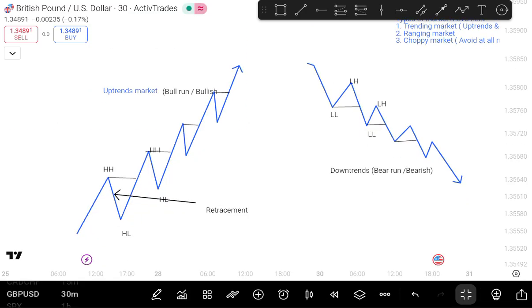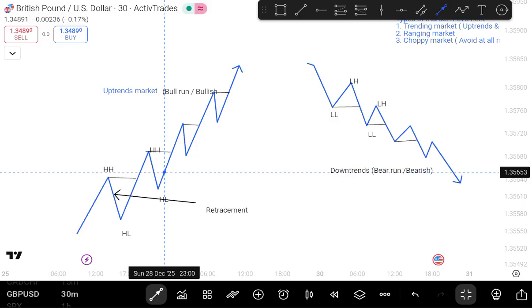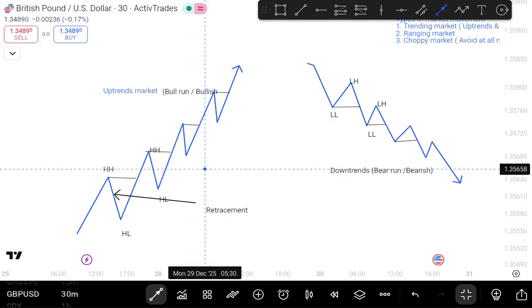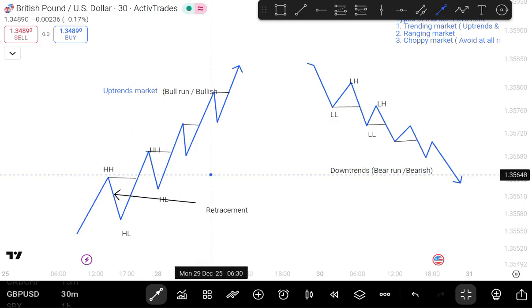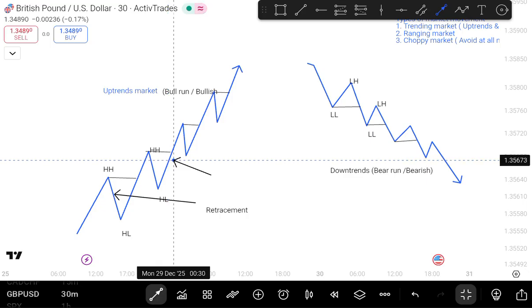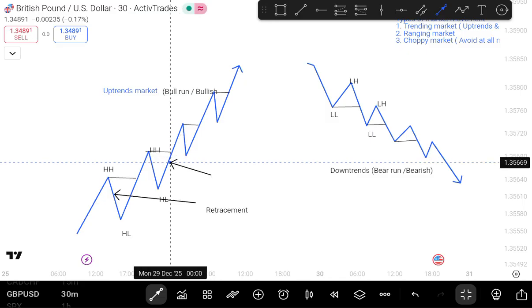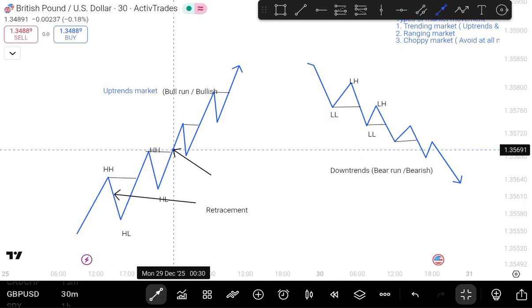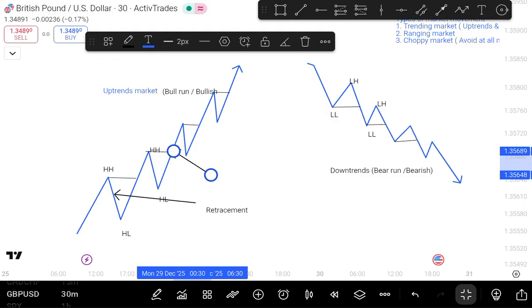Why this point? It is correcting back to the normal position, correcting this market back to the actual position. It's called the correction.